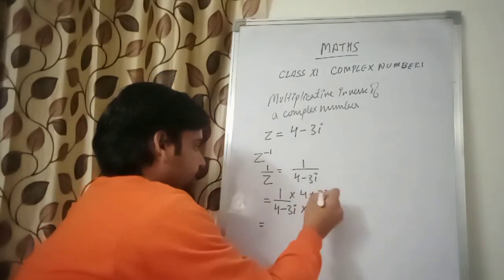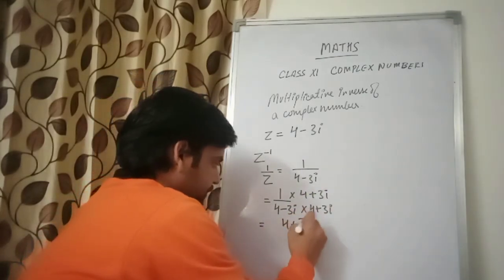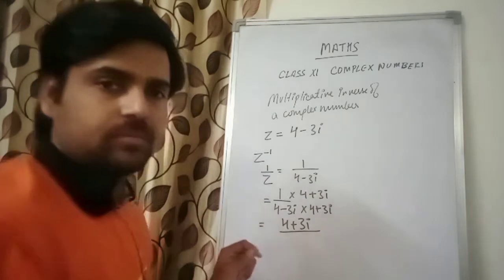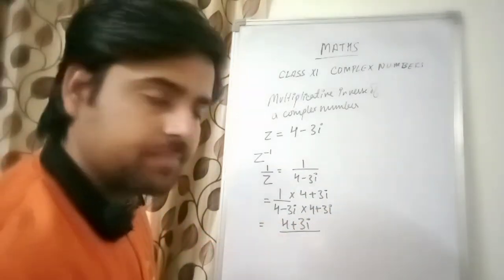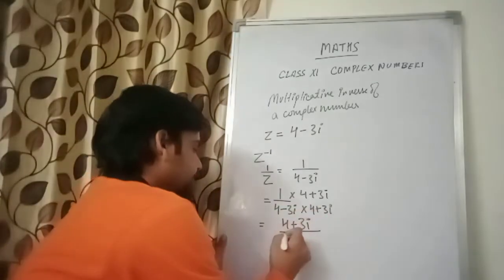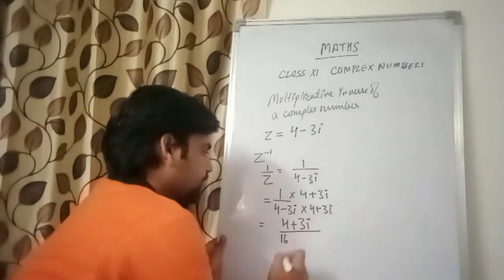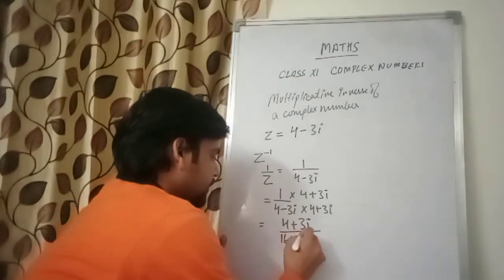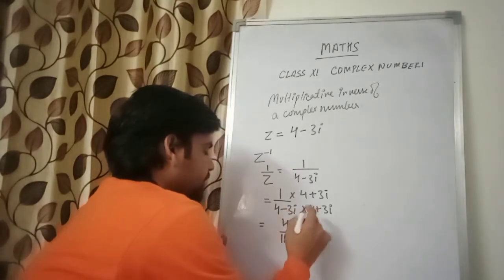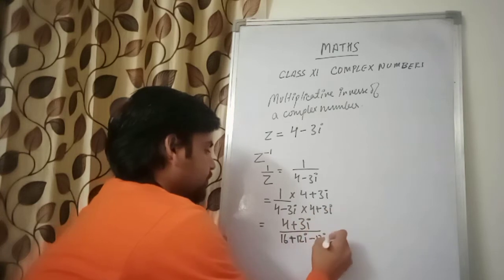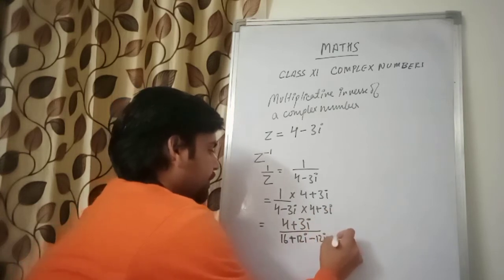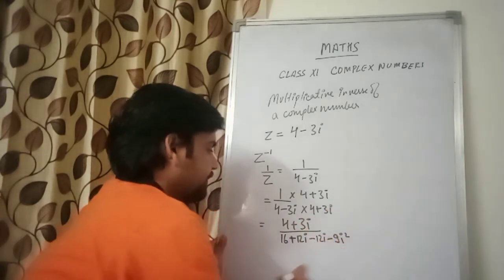So this 1 into that complex number will be written as it is. Now here we are going to use the distributive property of multiplication. So 4 into 4 is 16, 4 into 3i is plus 12i, minus 3i into 4 is minus 12i, and minus 3i into plus 3i is minus 9i square.